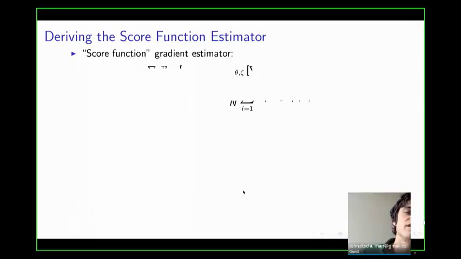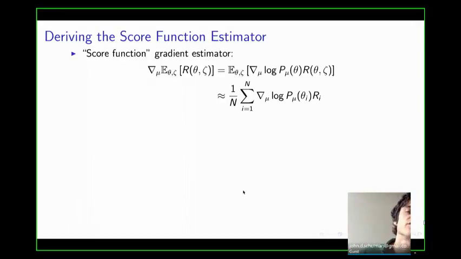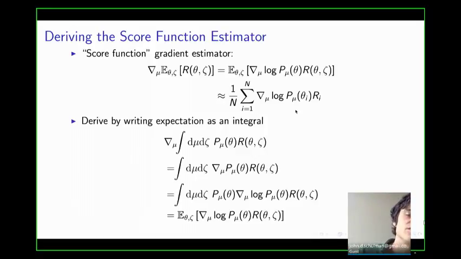I'll just quickly show how you derive the score function gradient estimator in case you haven't seen this before. So this is the estimator that I wrote on the previous slide. You can derive it by writing the expectation as an integral, and then you swap the integral and the gradient, and you can do that whenever the probability distribution is continuous.